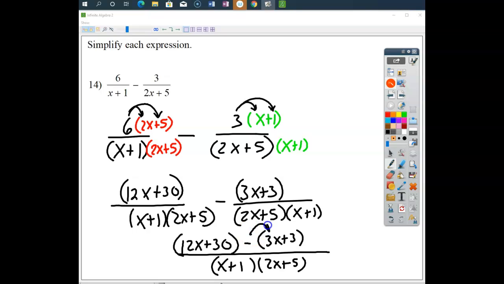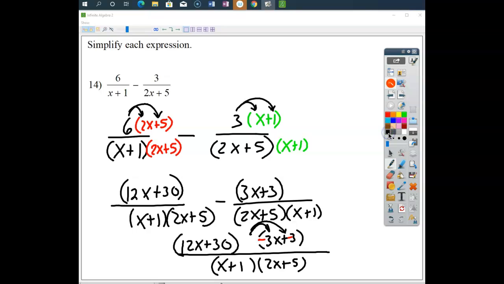You need to distribute the negative into the parentheses. And that's pretty much the only difference when you're subtracting as opposed to adding. So if I take that negative and distribute it into the parentheses, this 3 is going to come out negative, and this 3 is going to come out negative.